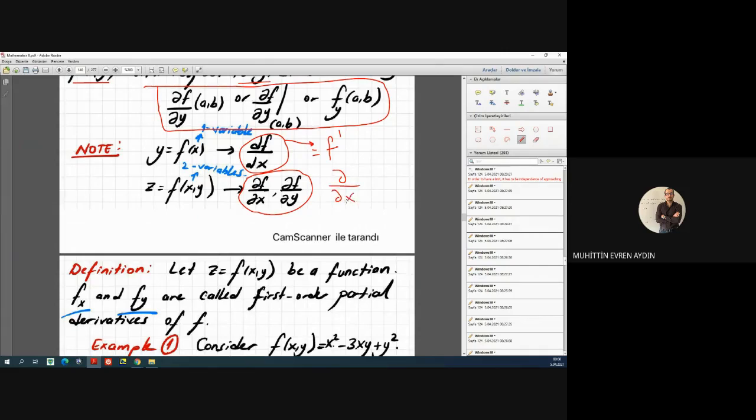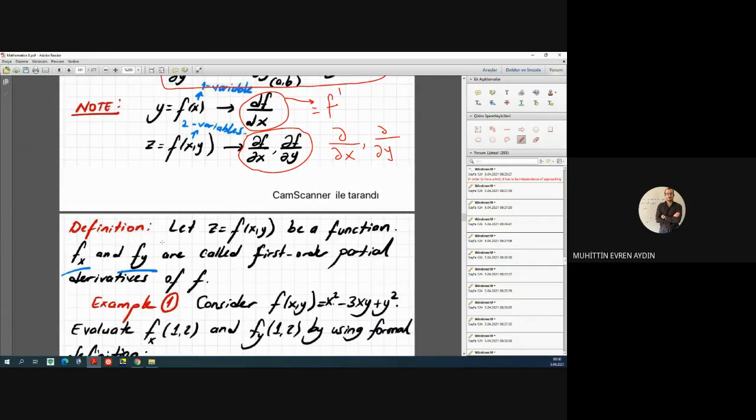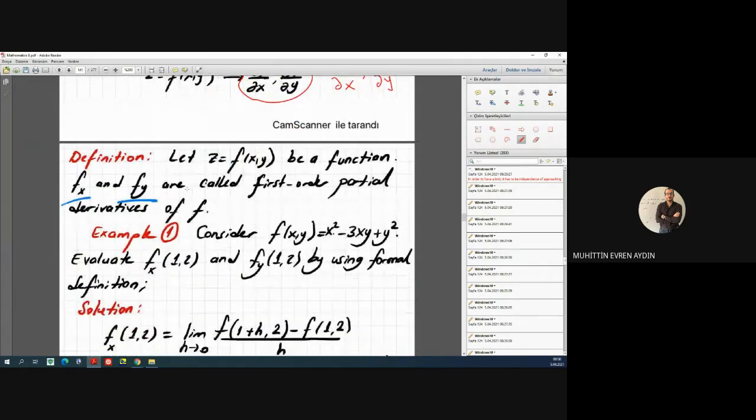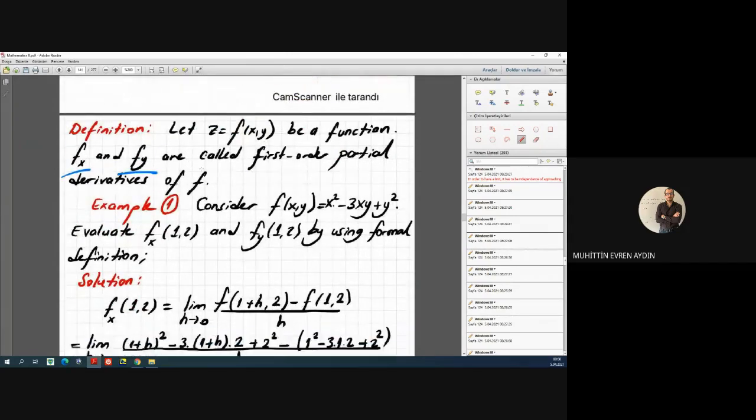This is a new symbol. For a function f of two variables, f subscript x and f subscript y are called the first order partial derivatives of the function f.